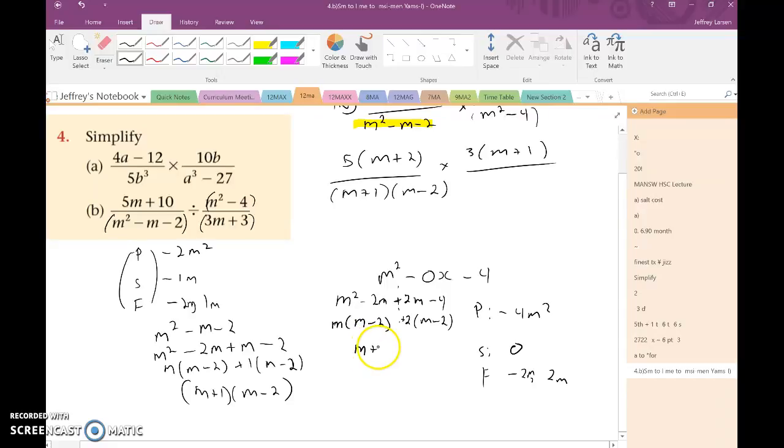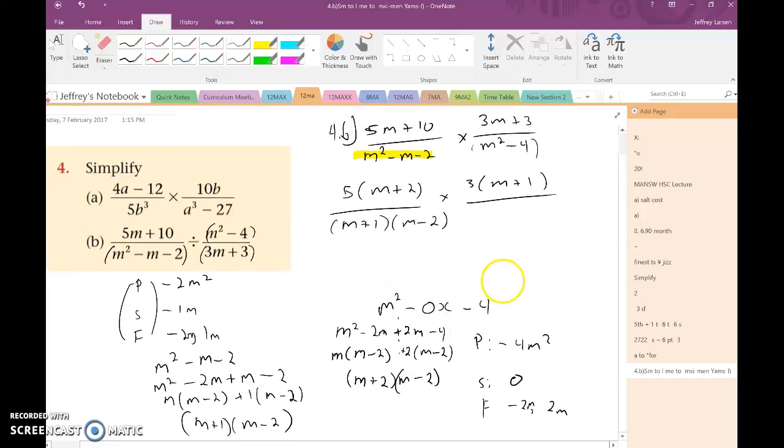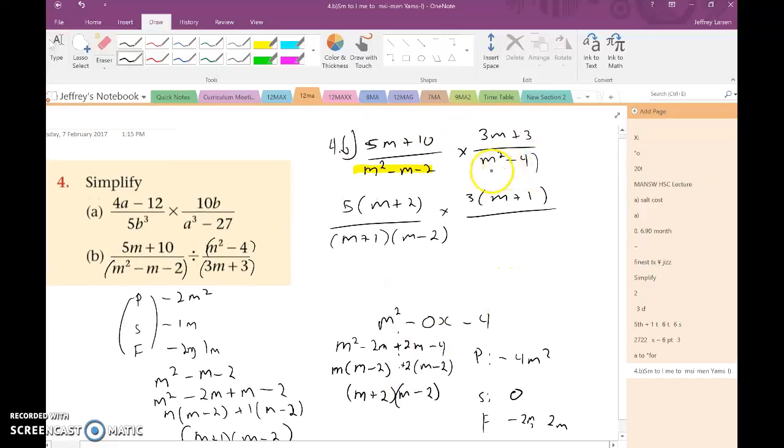And so it factors to m plus 2 times m minus 2. You do that enough, eventually when you see a difference, not a perfect square, but a difference of squares, where you're subtracting two squares, it would just be m minus 2 times m plus 2. Or if that was like m squared minus 25, it would be m minus 5 times m plus 5. So that m squared minus 4 is factoring to m plus 2 times m minus 2.